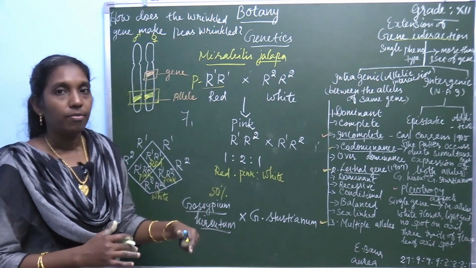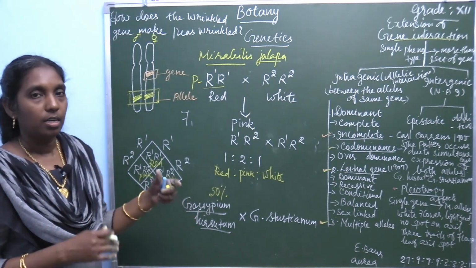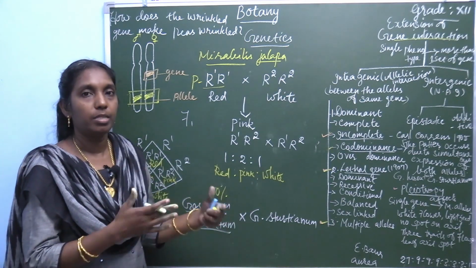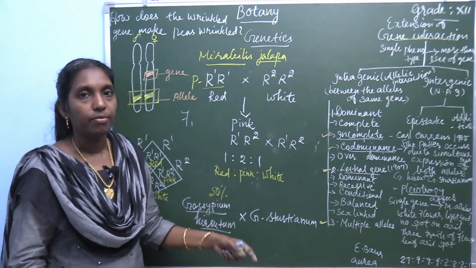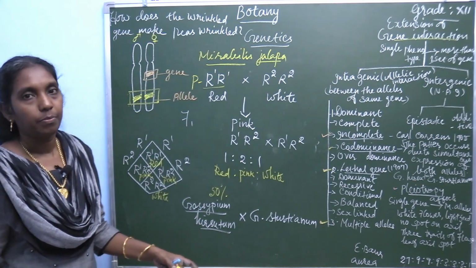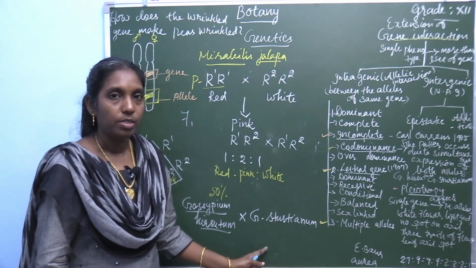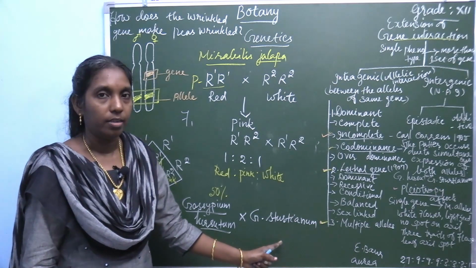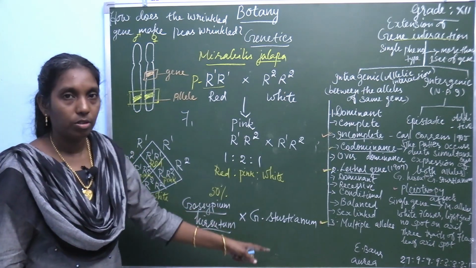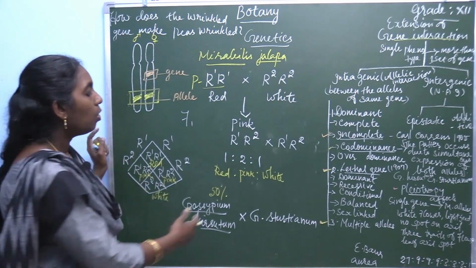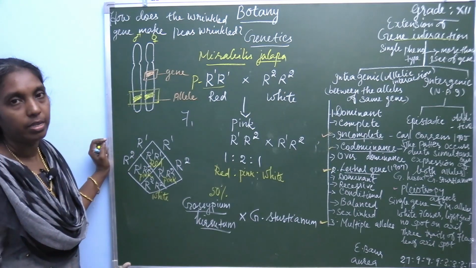Under electrophoresis, the molecules are separated under an electric field, or by chromatography. Different bands appear, which show the seed protein. When the seed protein undergoes chromatography, it shows both the genes. Both the genes are expressed simultaneously.